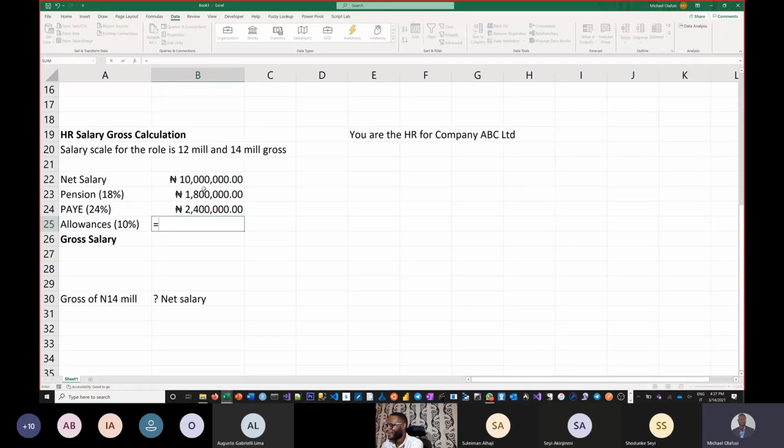Then maybe there is an allowance that is always 10% of your basic salary, and that's how we come to the gross salary. Okay, so imagine that there's a salary scale for this job role. There's a role that you are interviewing someone for.